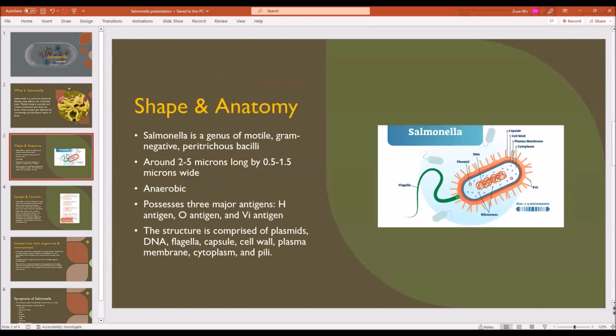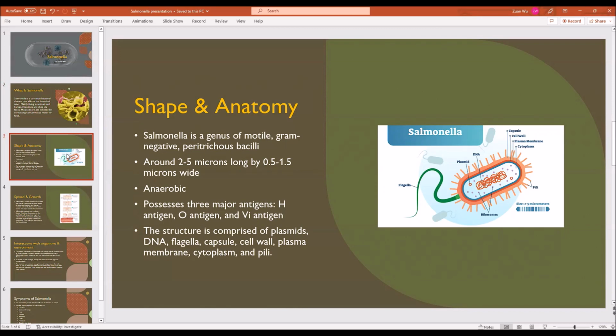Shapes and anatomy. Salmonella is a genus of motile, gram-negative bacilli, which basically means it is rod-shaped. It is usually around 2 to 5 microns long and 0.5 to 1.5 microns wide.